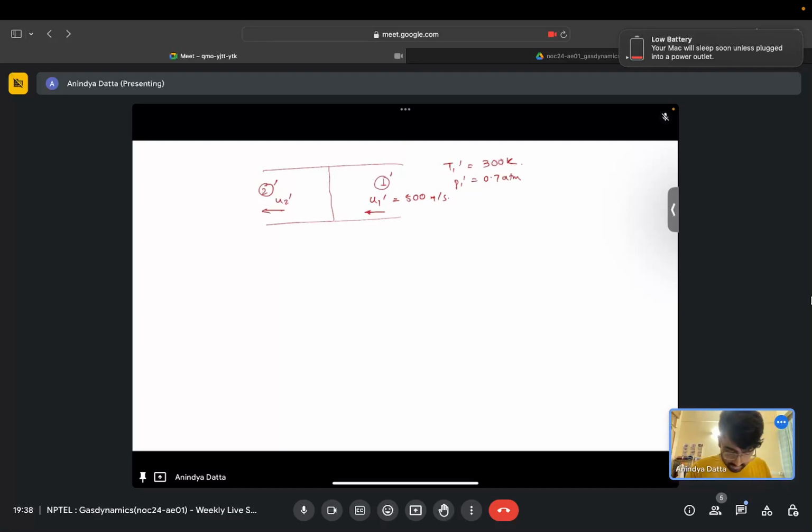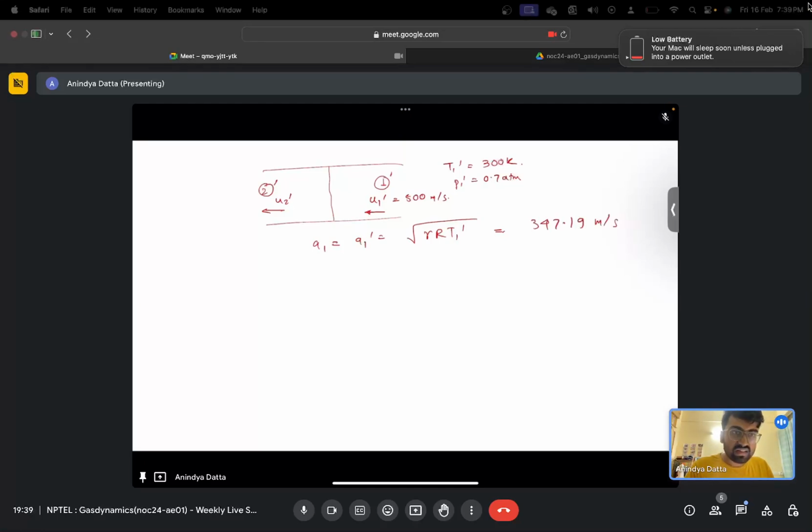First let's find out our a1 prime. a1 prime is the square root of gamma R T1 prime, and a1 and a1 prime will be same because T1 prime is the same, since static properties in one region do not get affected by the change of the frame of reference, right? So this a1 you will get as 347.19 meter per second.